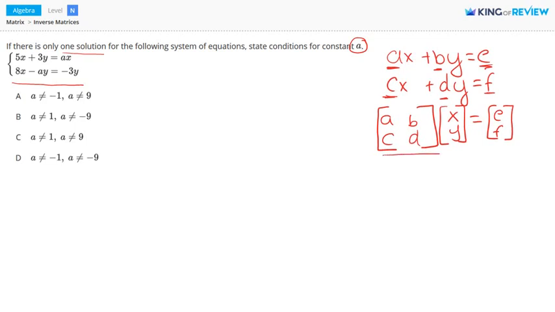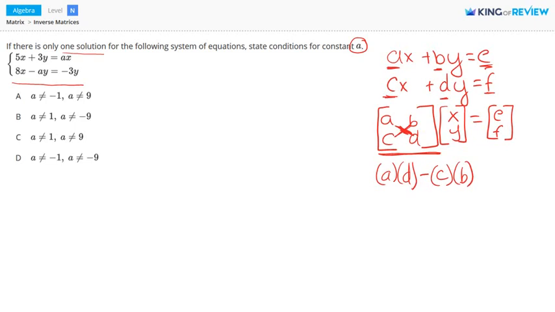Now let's look at the determinant of our coefficient matrix. To find the determinant, you multiply the entries in the main diagonal, a times d, and then subtract the entries in the other diagonal, c times b.